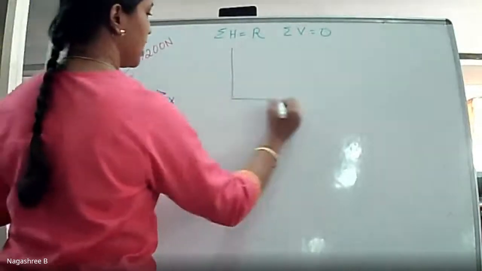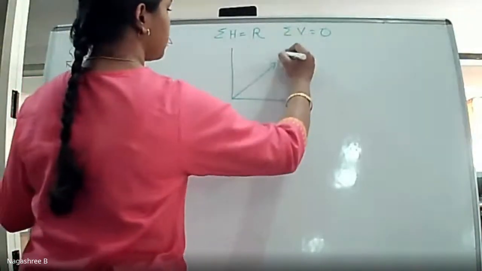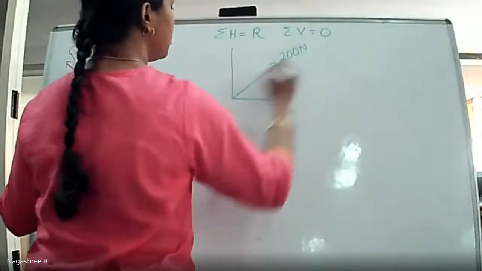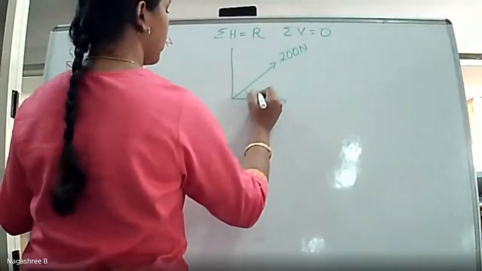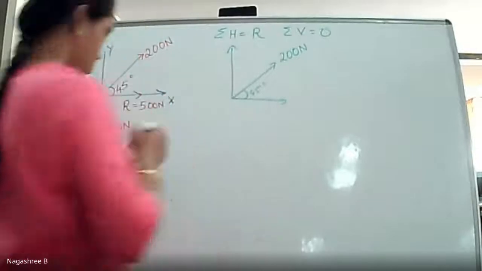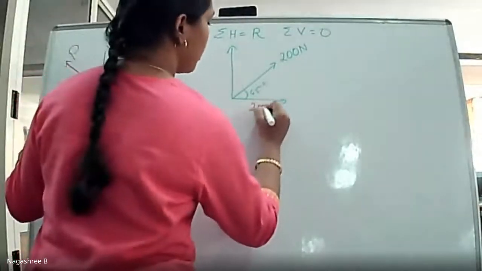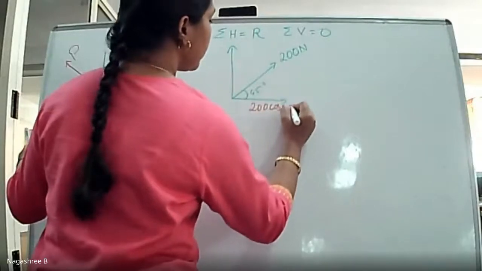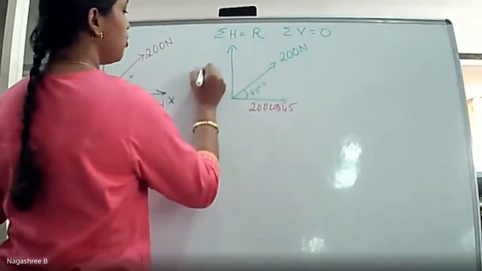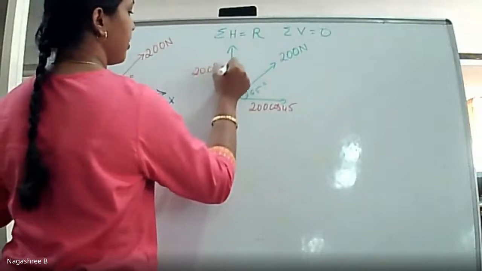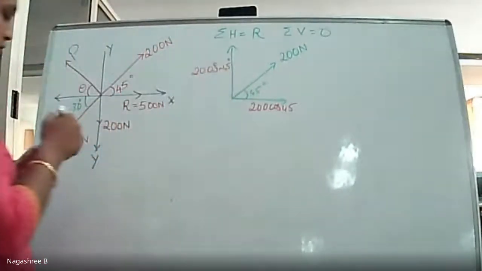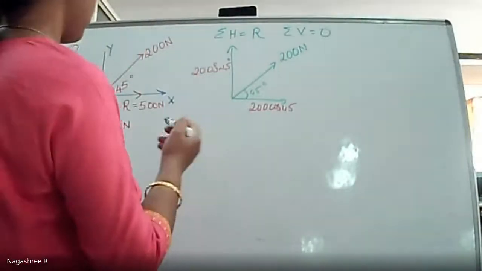First I take the 200 Newton force, which is at an angle of 45 degrees. The resolution will be 200 cos 45 and 200 sin 45.